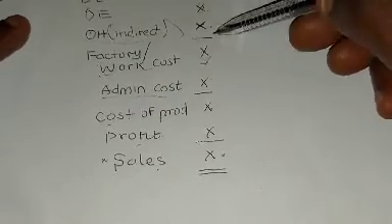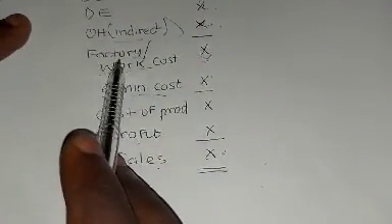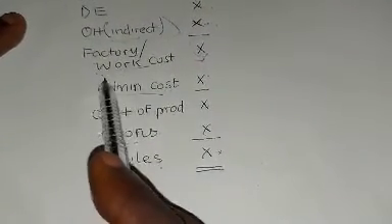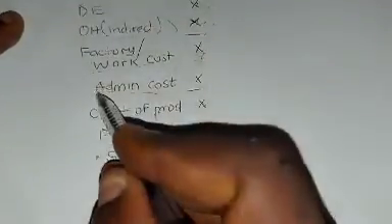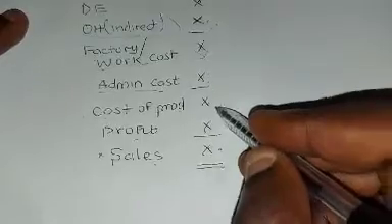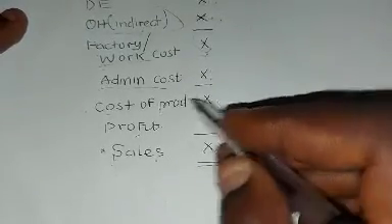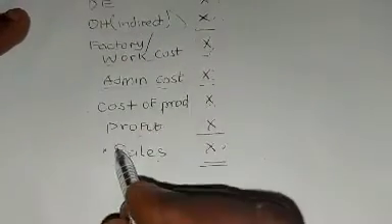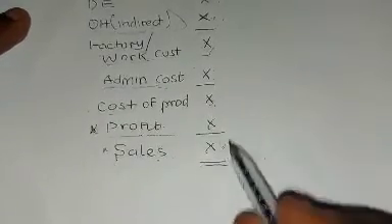The addition of this will give you what we call the factory or the work cost. Then you add your admin cost to it, and then you have your cost of production. Then you add your profit margin, and it will give you your sales.